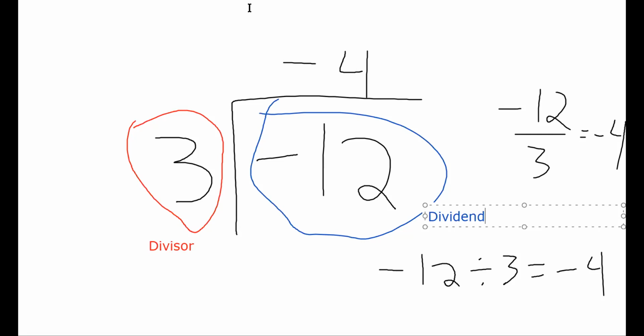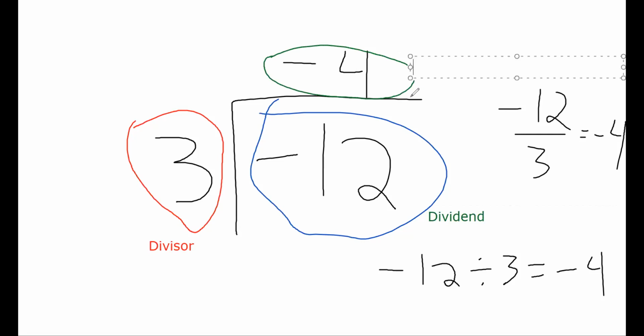But then probably the most important term, let's use green. You have to select the color last. There we go, green, negative 4. Does anyone know what that thing's called up there? The Q word, it's quotient.